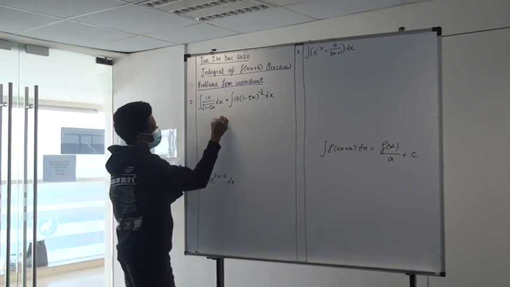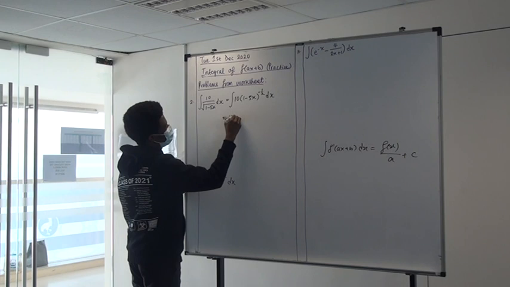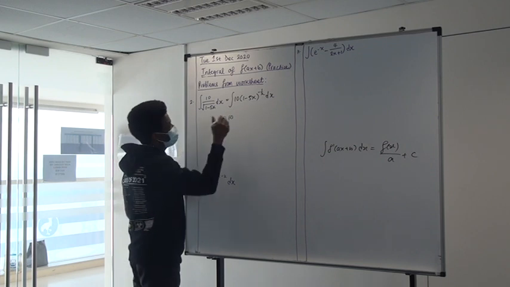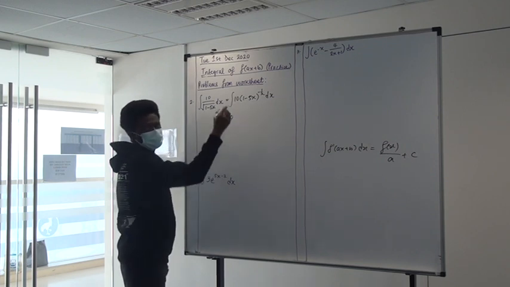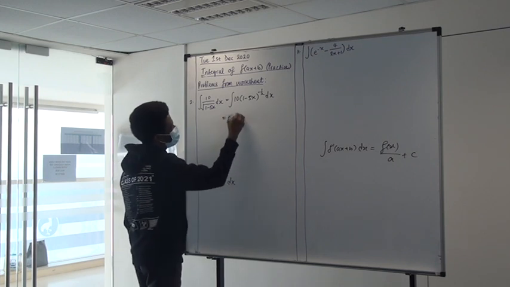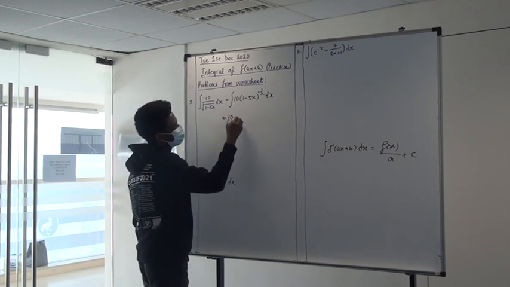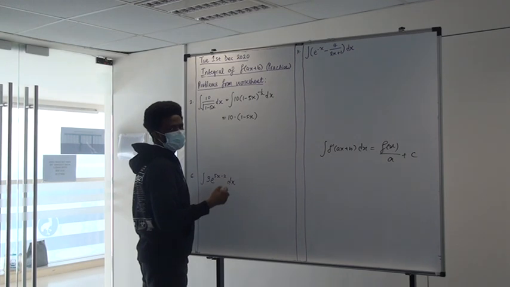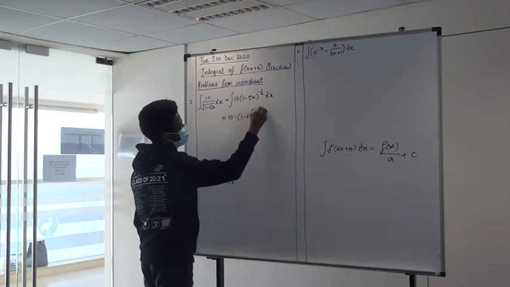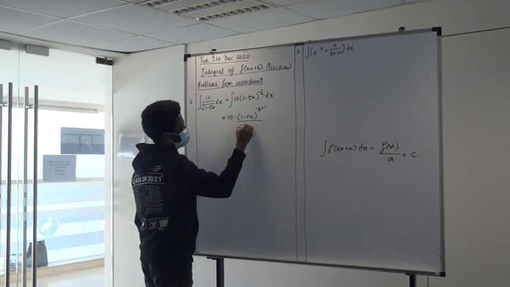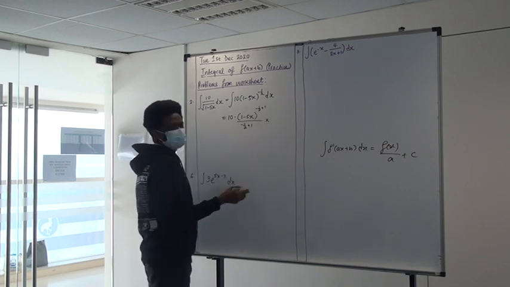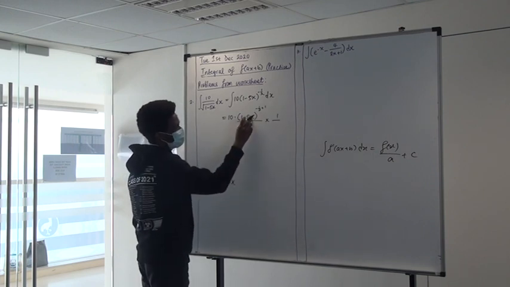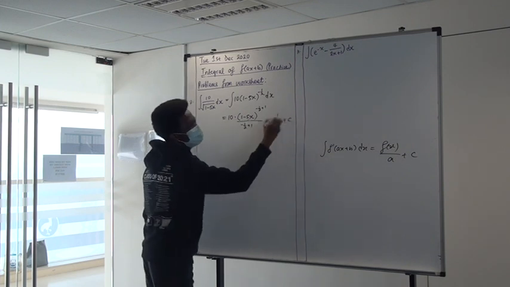So it's going to be 10 times the bracket, 1 minus 5x. Take it one by one. Write the stuff first: minus half plus 1. Then, instead of times the stuff, 1 over the derivative of this, negative 5, before you add plus c.